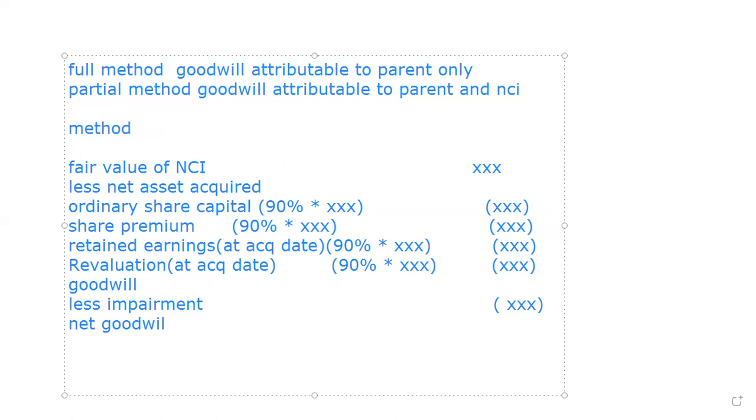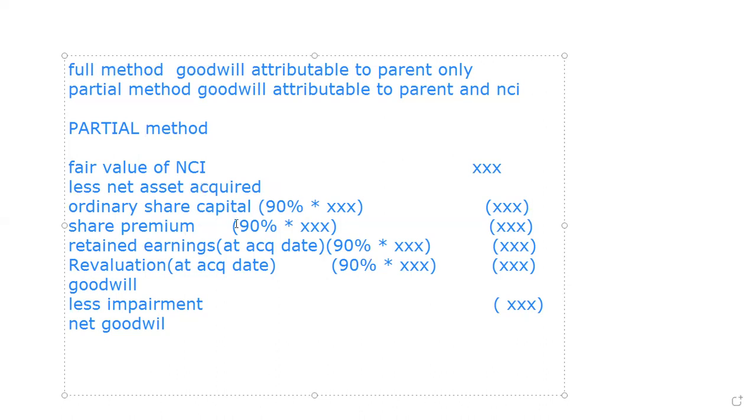We start with the fair value of the NCI, which will be given. If not given, you take the percentage of NCI multiplied by the number of shares acquired to get the fair value of the NCI. From the fair value of the NCI, we less the net assets acquired.